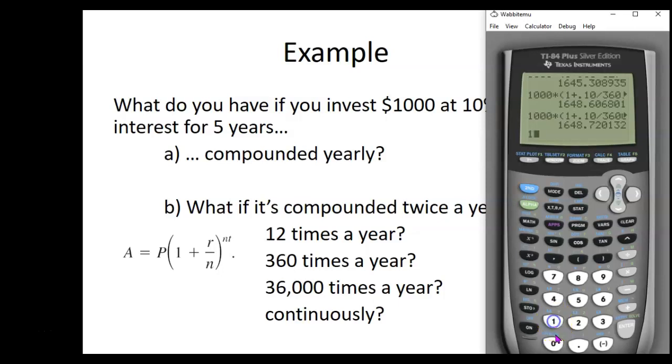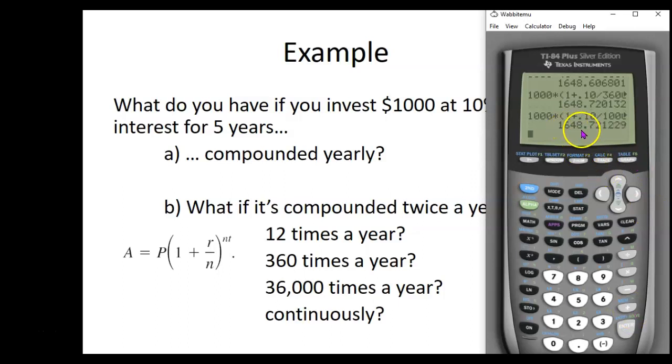So like if I went 1,000 times 1 plus 0.10 over, say, a million, to the 1,000,000 times 5 power. So I put in a million for n.